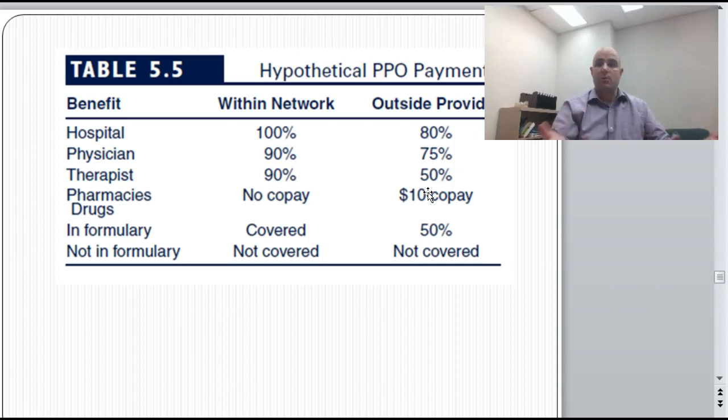They would say, that's great. Why wouldn't any doctor say yes to that? Well, the reason why is that in return for that, they have to agree to charge less to them. So we'll send you our patients, but if we send them to you, you're going to give us a little bit of a discount for it. So this is a way for them to kind of control costs.